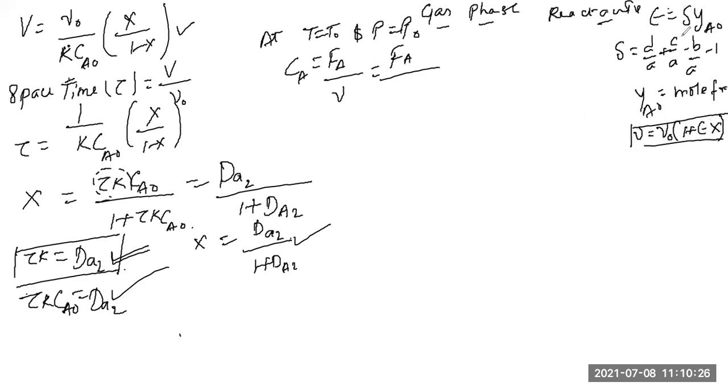Epsilon is the product of delta, the increase in the number of moles, and the mole fraction. X is your conversion.